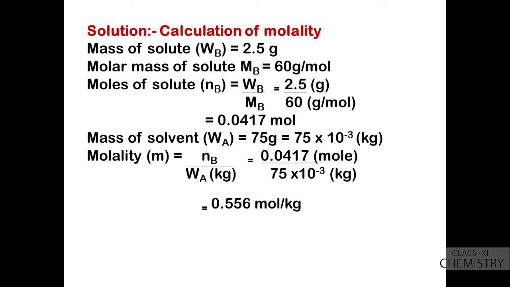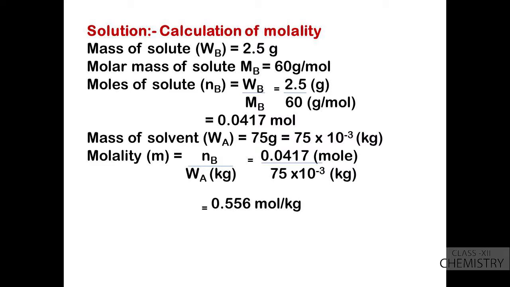Now, what is the mass of the solvent? The mass of the solvent is given in the numerical, that is 75 gram, and to calculate the molality we have to convert gram into kg, so it is divided by 1000 and the result is 75 into 10 to the power minus 3. Now we calculate the molality, represented by the symbol small m, and the formula is NB divided by WA in kg, that is the number of moles of the solute divided by the mass of the solvent in kg.